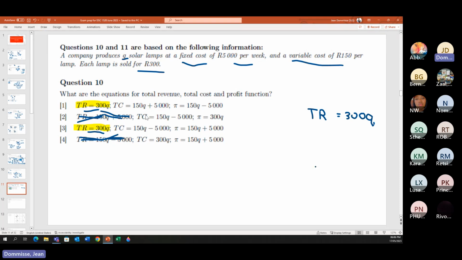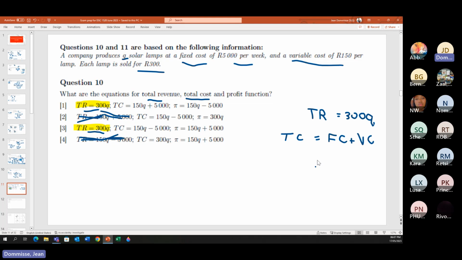Okay, so that was total revenue. Total cost: we have seen in one of the previous questions as well. Remember, total cost is fixed cost plus variable cost.